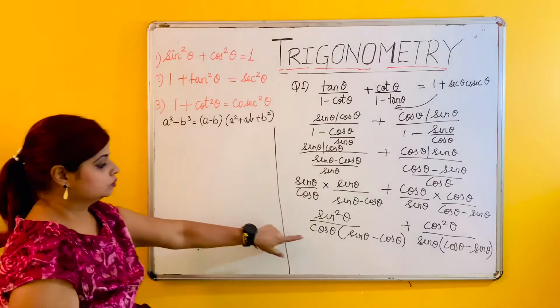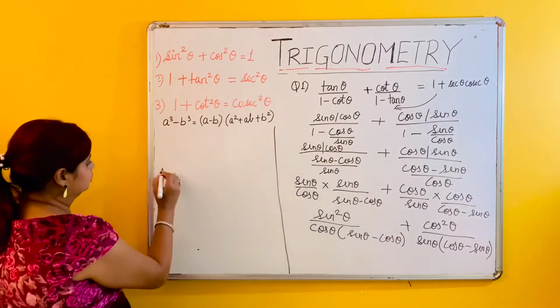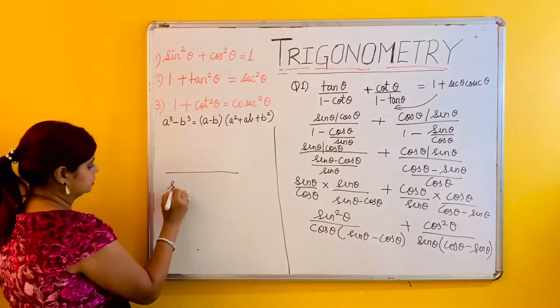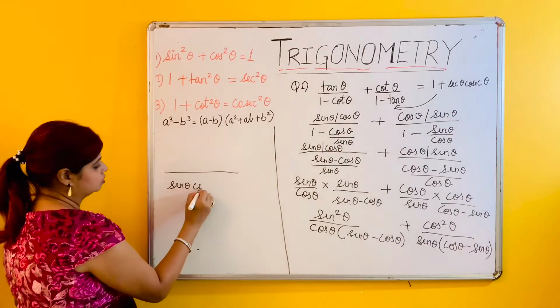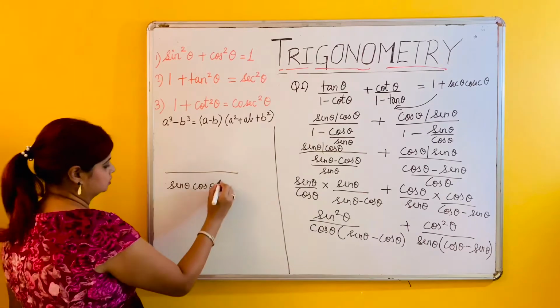If you see here, this denominator is common. So what is the denominator you can take? Here it is sine theta cos theta. Okay, and now let's say I take sine theta minus cos theta.